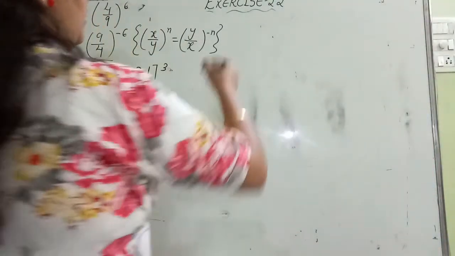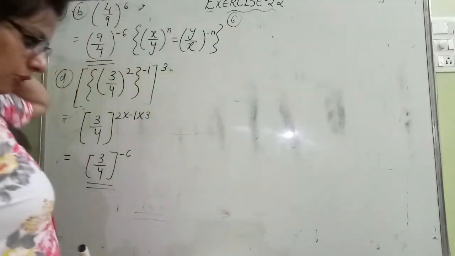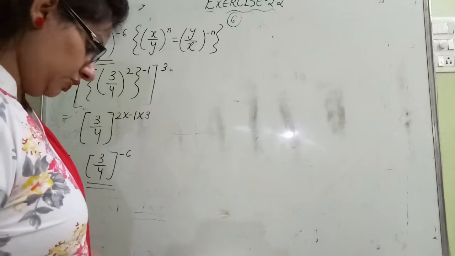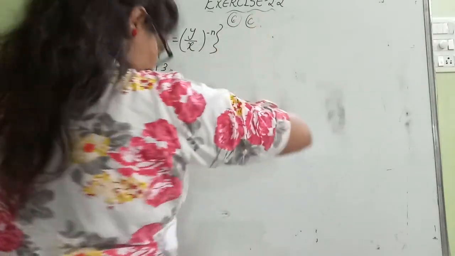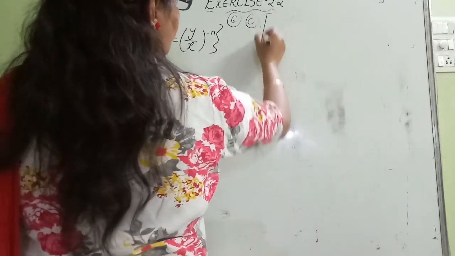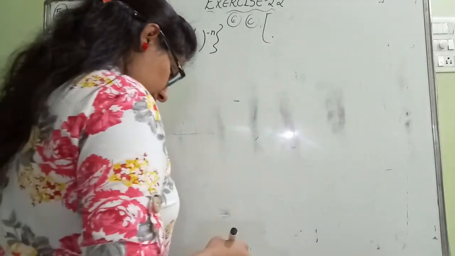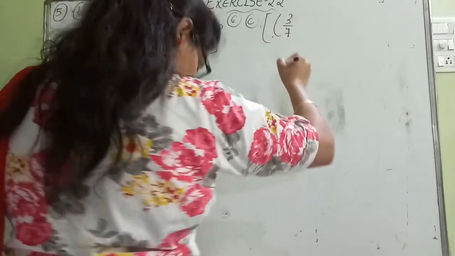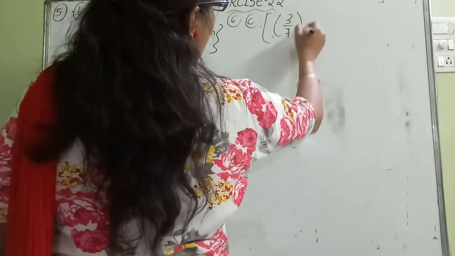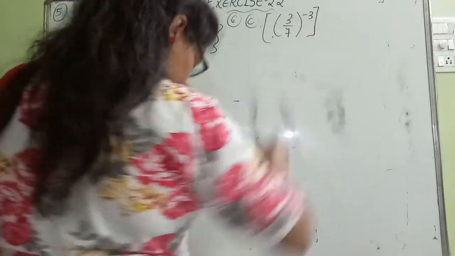Now question number 6. Write each of the following as rational number with positive exponent. We have to write with this as positive exponent. So we will be doing the C part. Question number 6, C part. It's given 3 by 7 raised to the power minus 3 whole raised to the power minus 4.